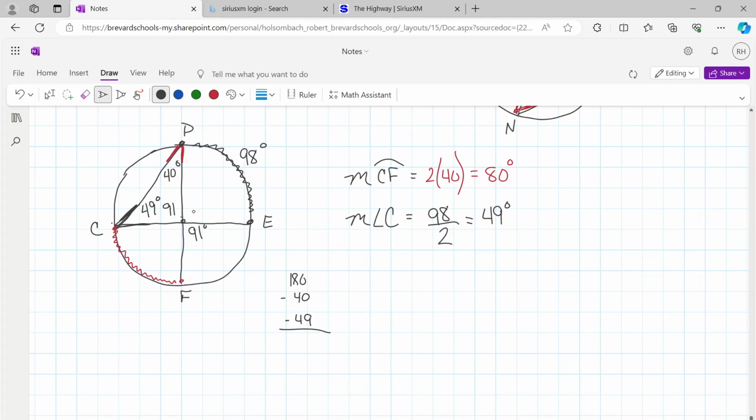So the angle above the 91, the linear pair with the 91, is equal to 180 minus 91. So this angle is 89 degrees. And the angle vertical to it is 89 degrees. So there's quite a bit of information going on here. So don't forget about vertical angles and linear pairs of angles if you're asked to find other angle measures.